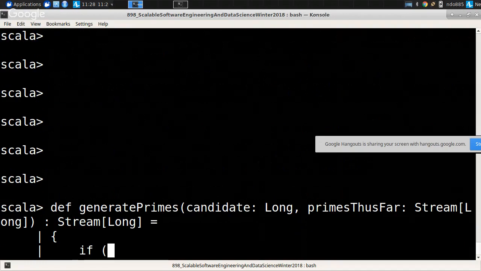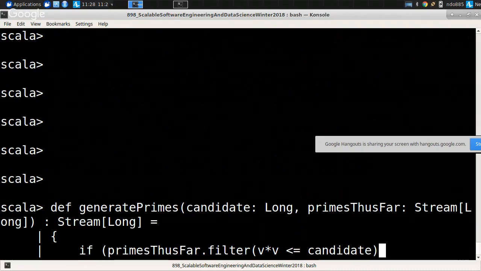So what I'll say is, only retain those primes such that their square is less than or equal to this candidate. Suppose we're looking at a candidate of say 10. We want to know is 10 prime, right? We don't need to examine 5 if we've already examined 2, right?